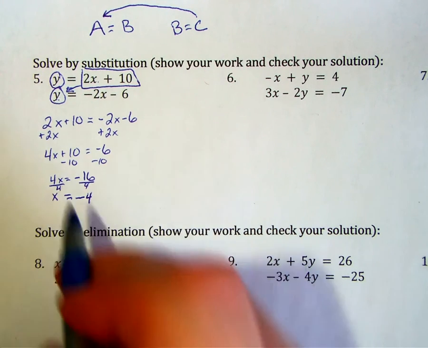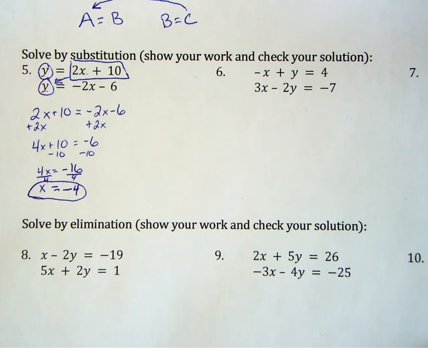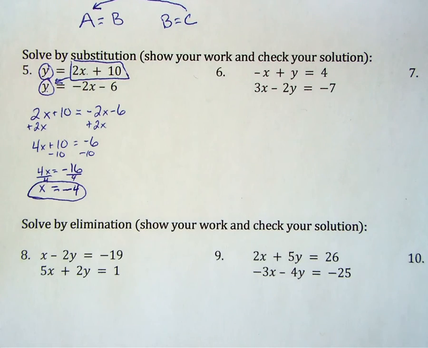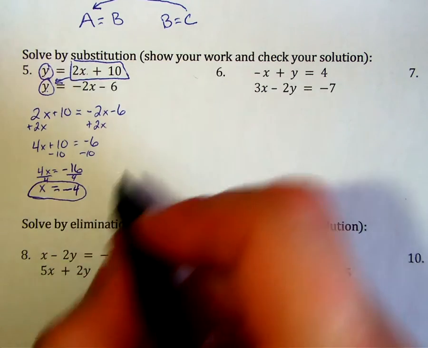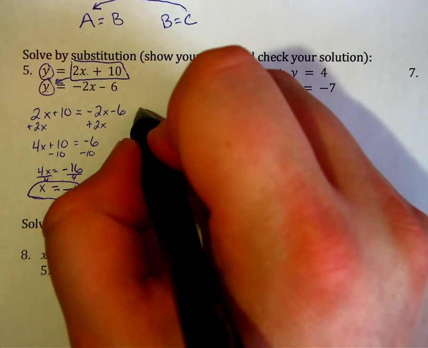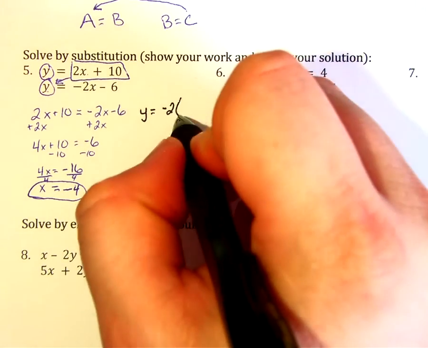Well, we now know the value of one of our variables. One of our variables has an x value of negative 4. We can take that x value of negative 4 and plug it into our equation and solve for the y value. So, I'm going to use my bottom equation here. Y is equal to negative 2 times x.